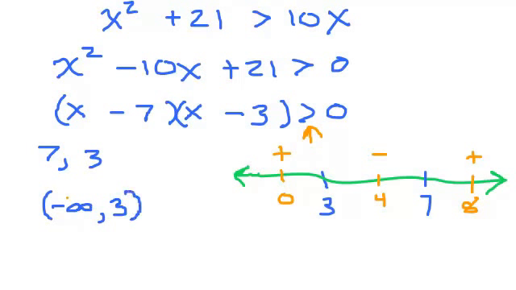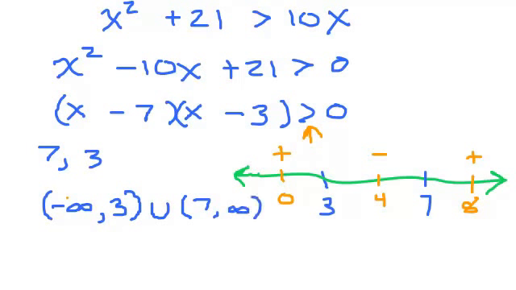Use it in parentheses here because we can't use 3. All right. Union. Okay, the symbol right here, union, means we're just joining both of these intervals, and now we're going to go from 7 to positive infinity.